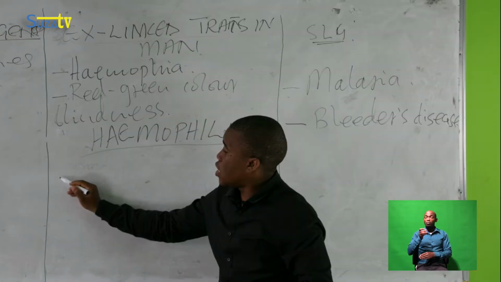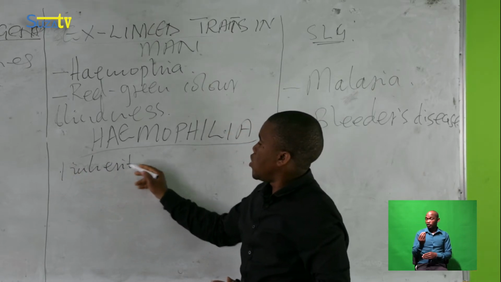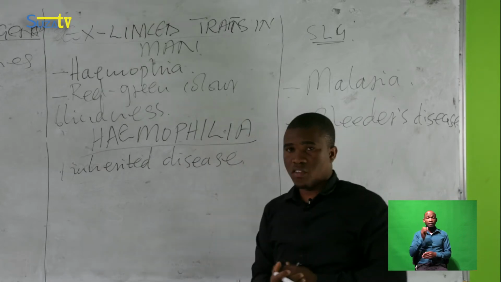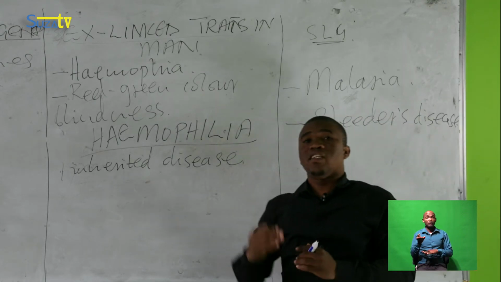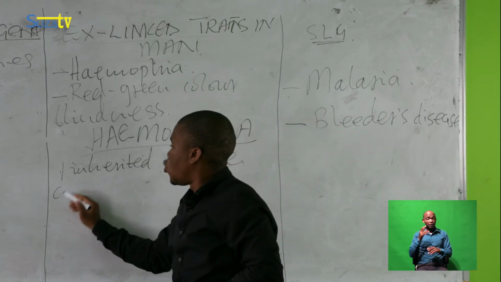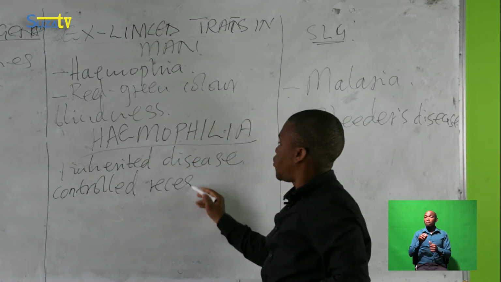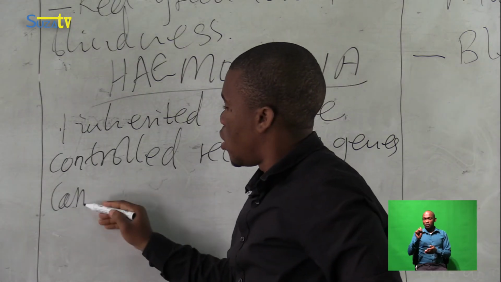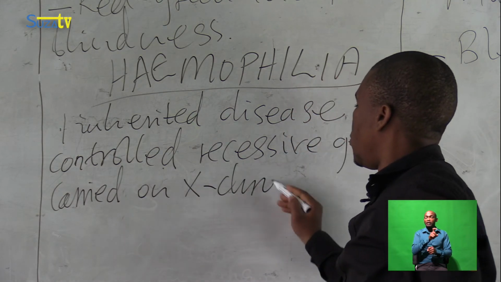Hemophilia is an inherited disease. So not only is it a bleeder's disease, but it is an inherited bleeder's disease, and controlled by what? Controlled by recessive genes carried on the X chromosome.